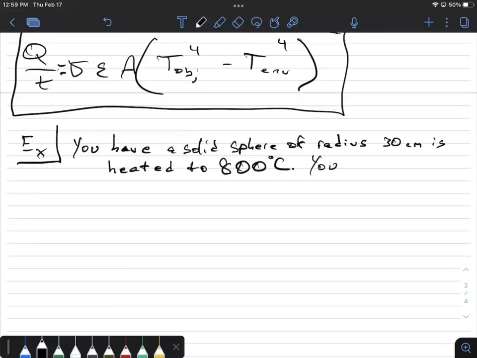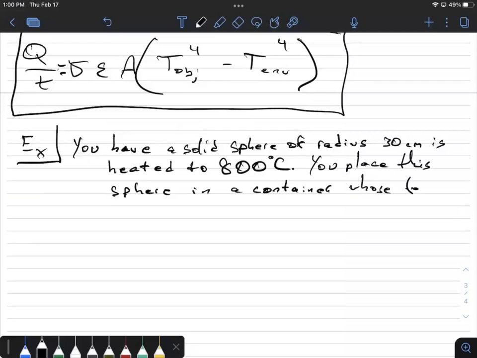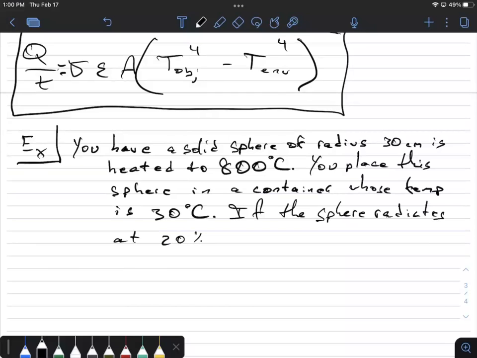You place this sphere in a container whose temperature is, let's say, 30 degrees Celsius. If the sphere radiates at 20%, calculate the power radiated.